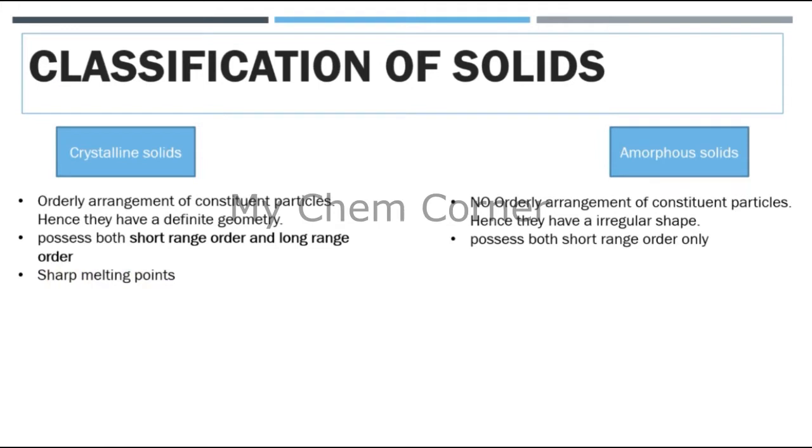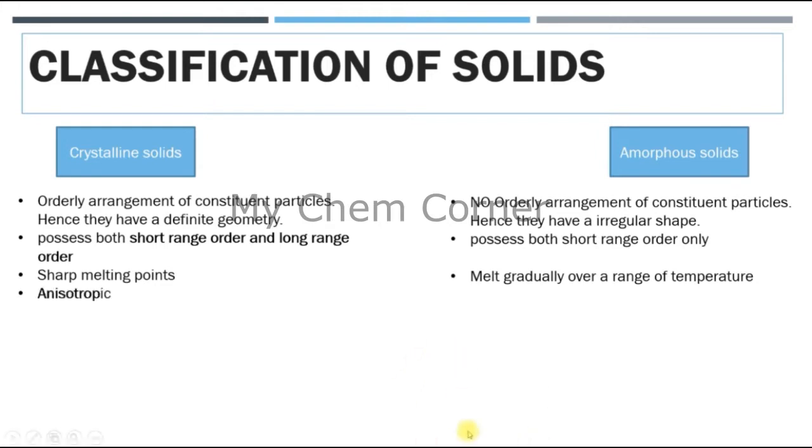Whereas the amorphous solid's melting point is going to be over a range of temperature, because they have only a short range order. They have a consistent arrangement of particles only for a small range, and then there's a variation again. So when you try to determine the melting point, it's going to give you a range of temperatures.